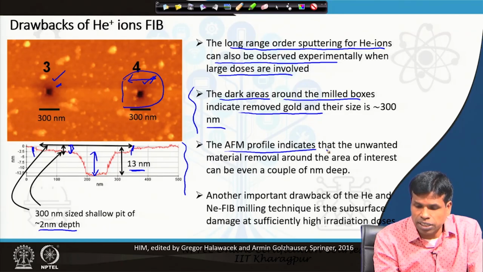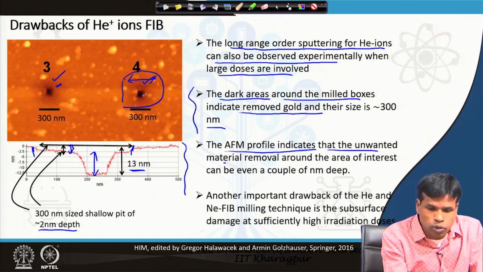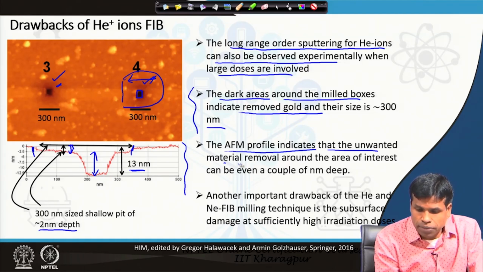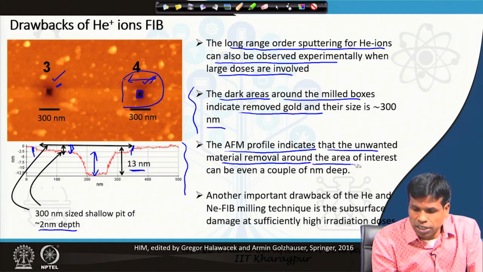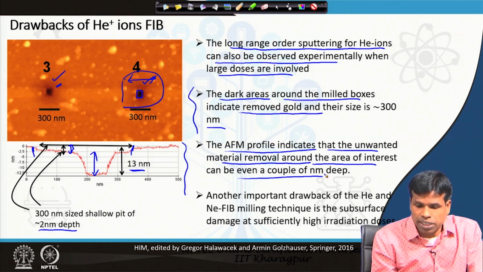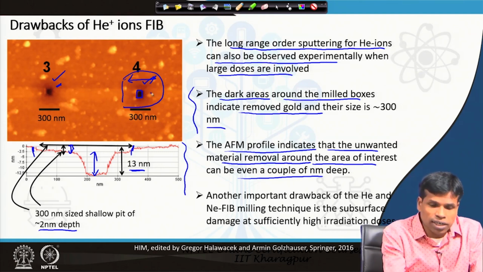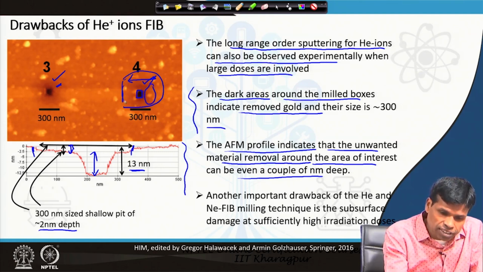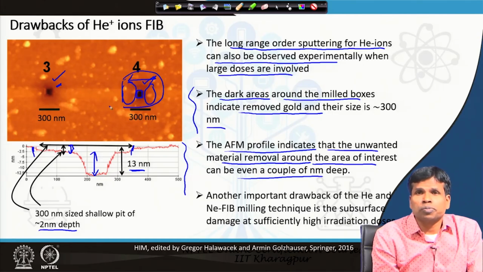The AFM profile indicates that though we want to mill only this small area, some of the unwanted material is also removed around the area of interest. This is what is called the secondary interaction volume or secondary sputter volume.